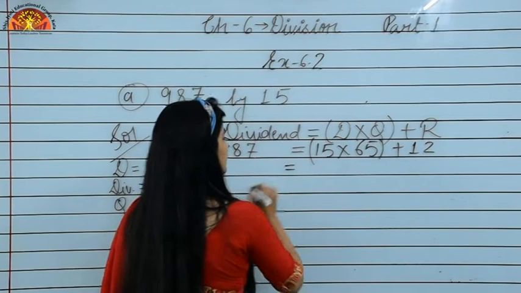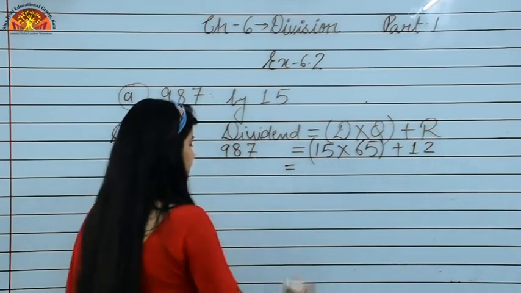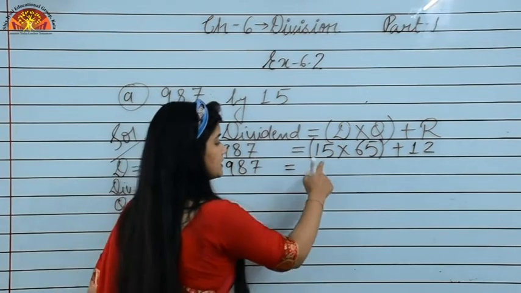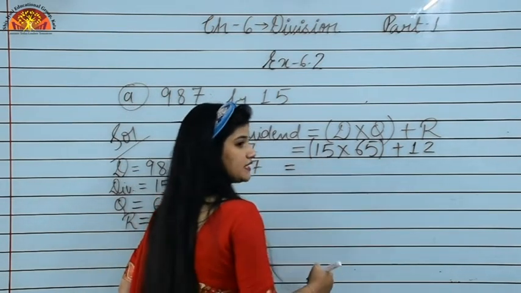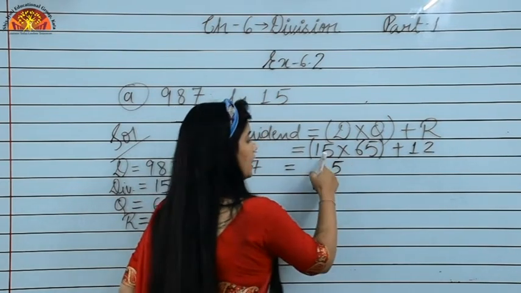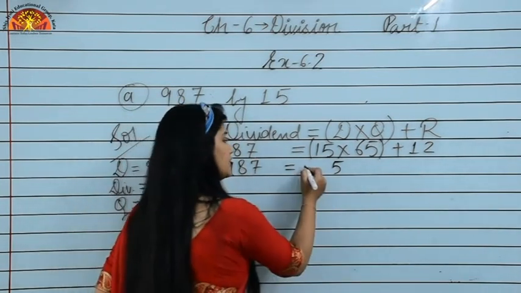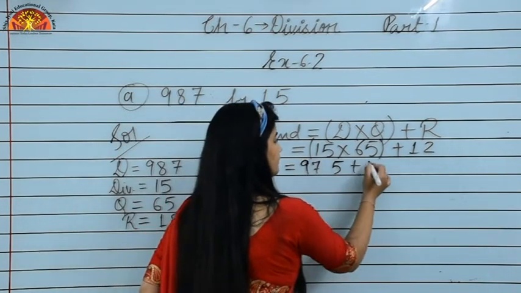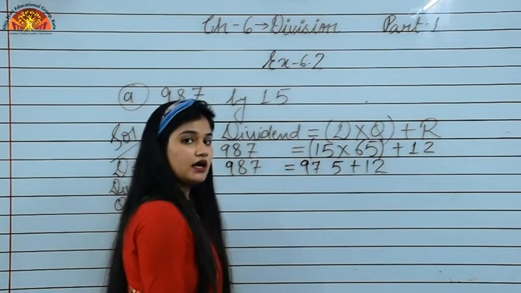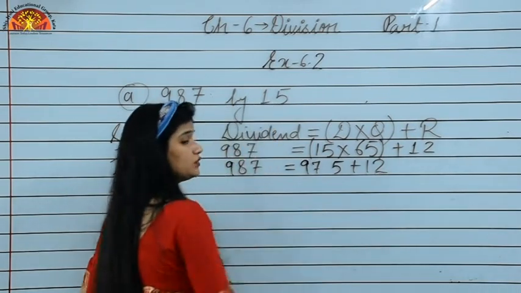So now we have to find the product of these two numbers, and this number will come as it is. So students, as you know, 15 5s are 75, 5 will come here, carry over 7 and 15 6s are 90 and 90 plus 7 will be 97. So the product of these two numbers is 975 and we have to add this remainder 12 to this number.